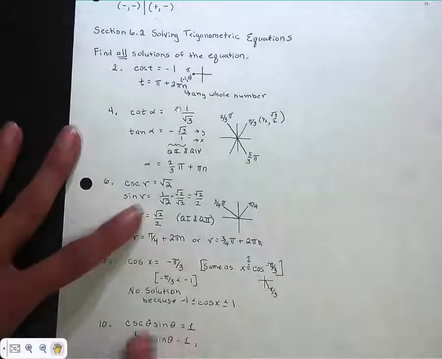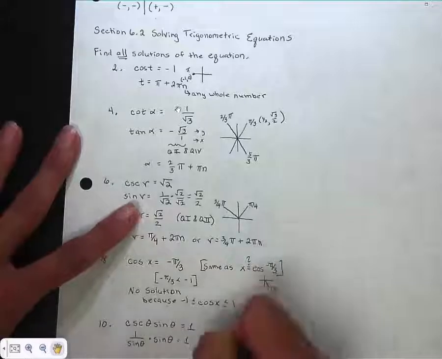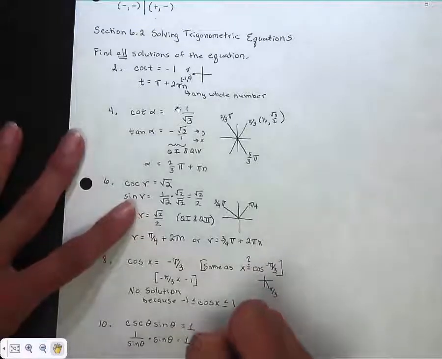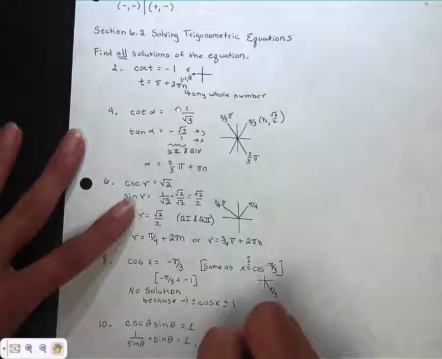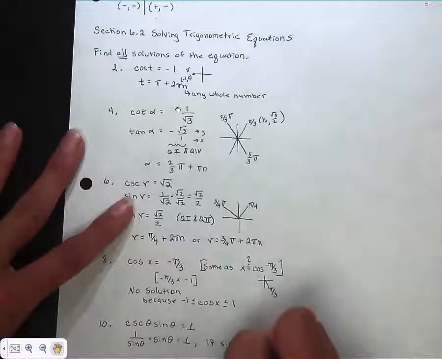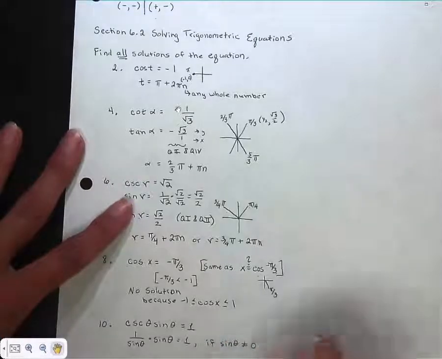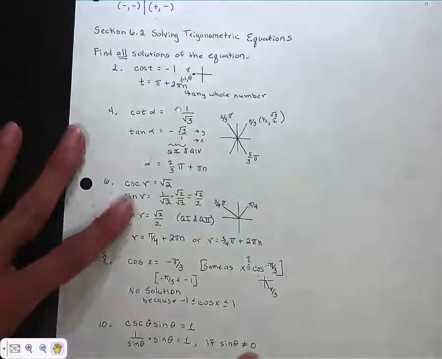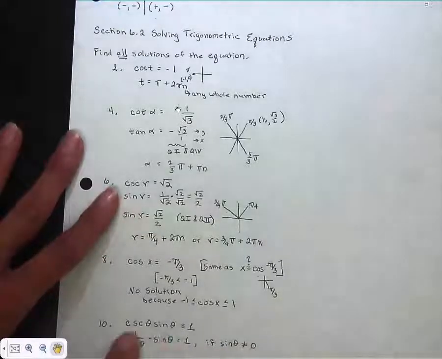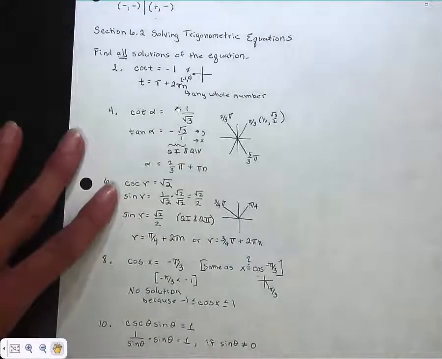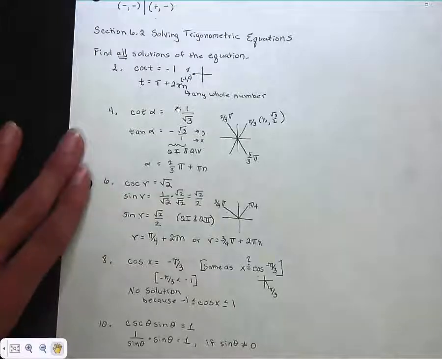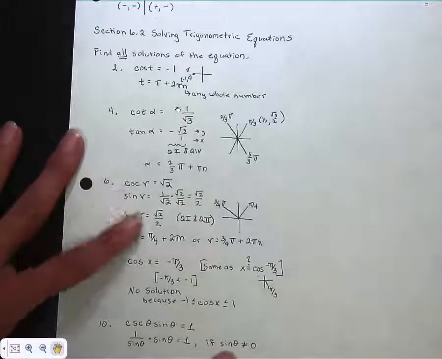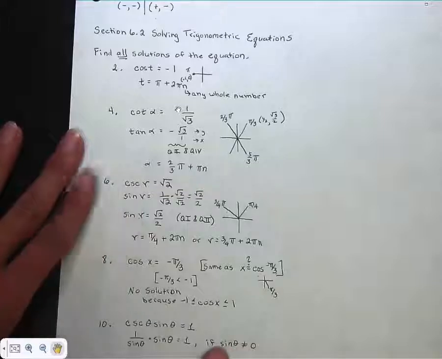So this substitution that I did is only valid if sine theta is not equal to 0, because where sine does equal 0, cosecant is undefined. Where is sine 0? Sine is your y-coordinate.